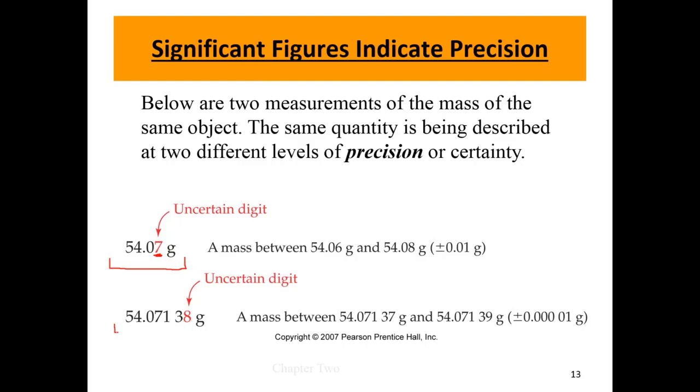However, if I get a number like this, the uncertain digit is this one, and therefore it's plus or minus 0.00001 grams, or 1/100,000th of a gram. This is a much more precise measurement with a much more precise measuring instrument.